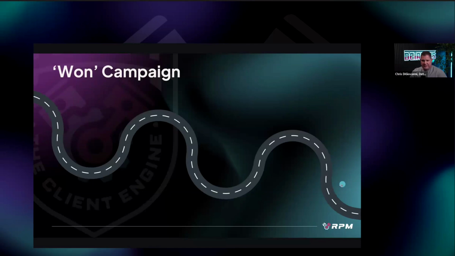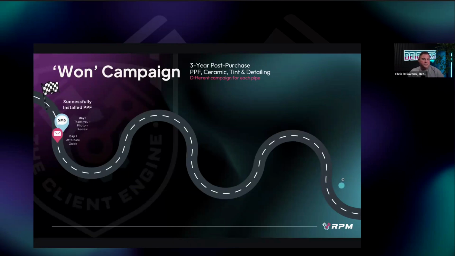Here's something you don't see too often. It's probably one of the most missed things. It's called a post-purchase campaign. So for 3 years, specifically on PPF, ceramic, and tint and detailing, there's a post-purchase campaign.